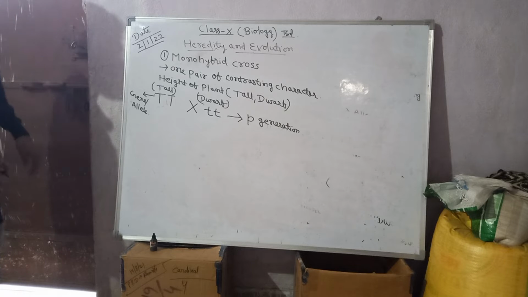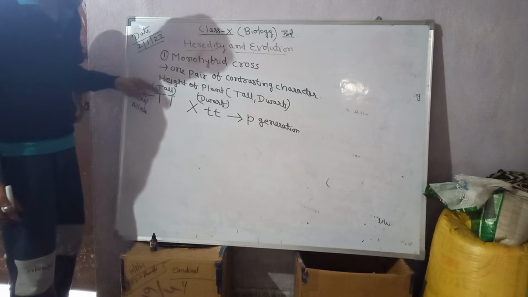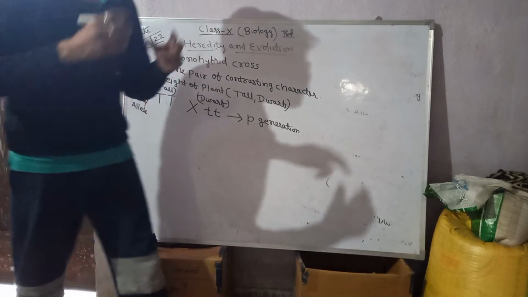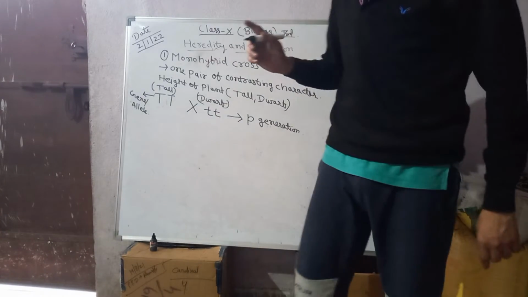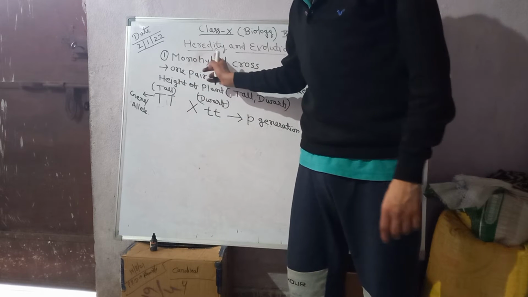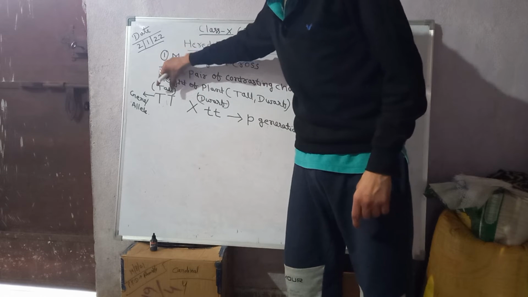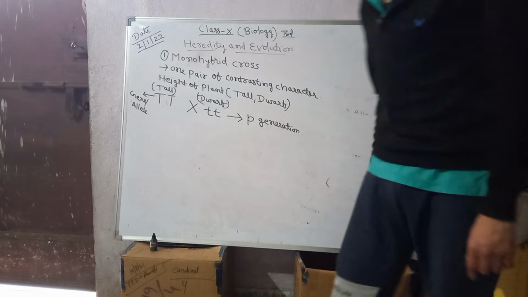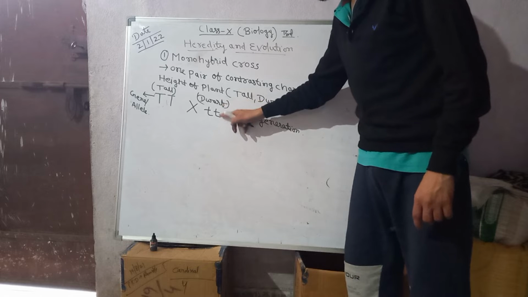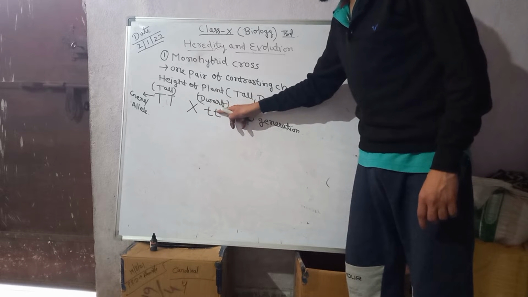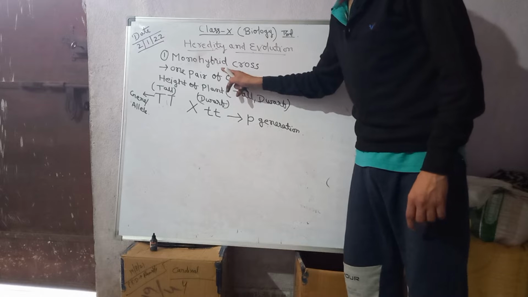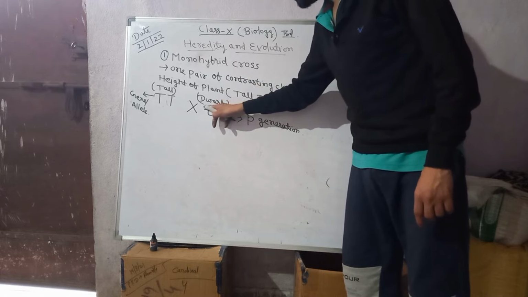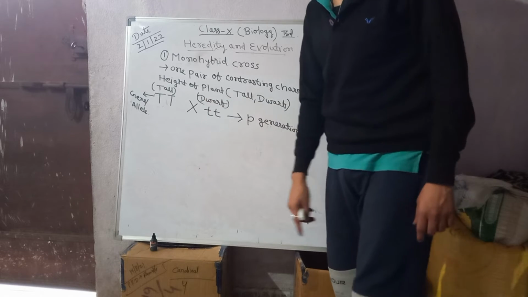In the case of the tall plant, the first T is obtained from one parent and the second T, second gene, is obtained from the other parent, and both came together, and it is known as gene or allele. In the case of the dwarf plant also, small t and small t: one small t from one parent, another small t from the other parent. So this is also known as allele or gene.